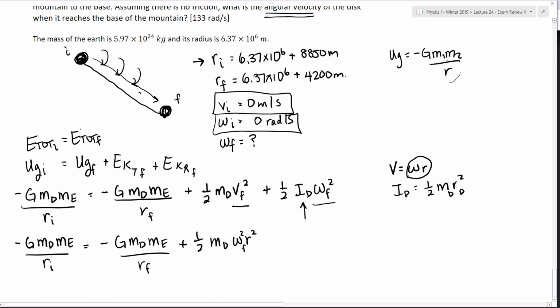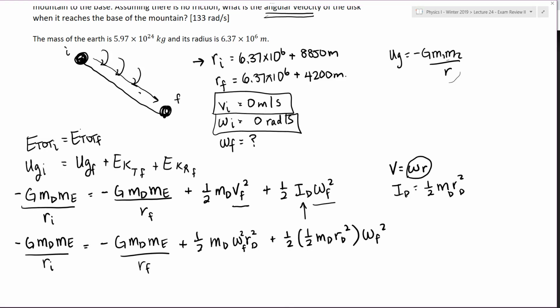This is our final omega, and this is the radius of our disk, plus 1/2 I of the disk, which is 1/2 mass of the disk times radius of the disk squared, times omega final squared.